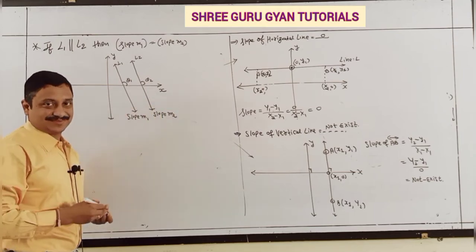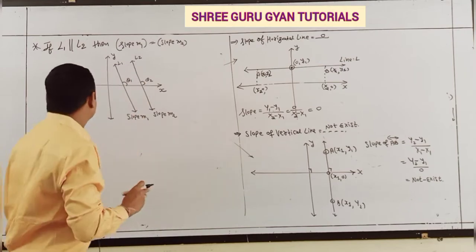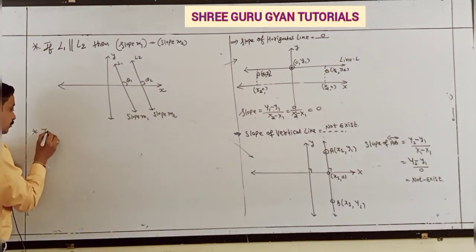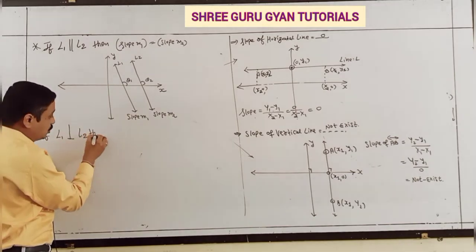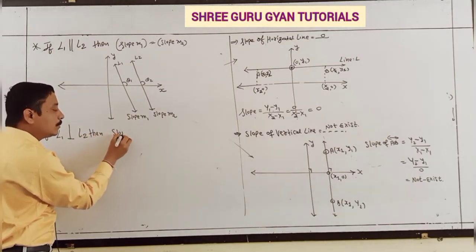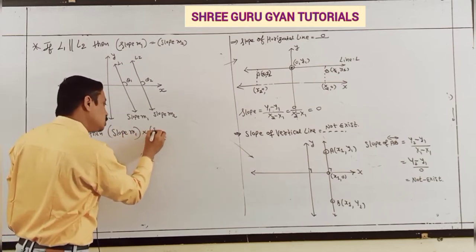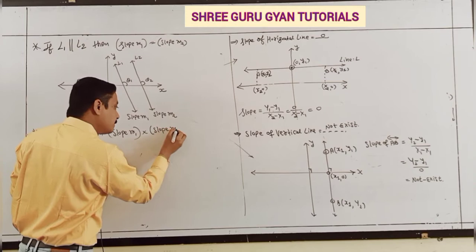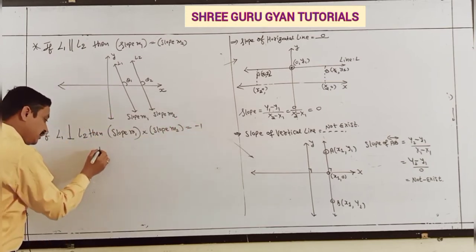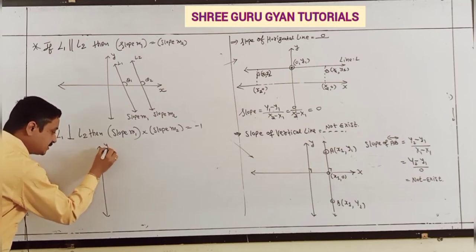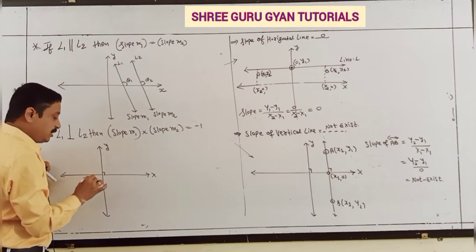Now one more condition, if two lines are given perpendicular. Continue. If L1 is perpendicular to L2, then you should also remember that the slope m1 multiplied by the slope m2 is equal to minus 1. In this case also a drawing is available: y-axis, x-axis, and that is your 90 degrees between x and y.